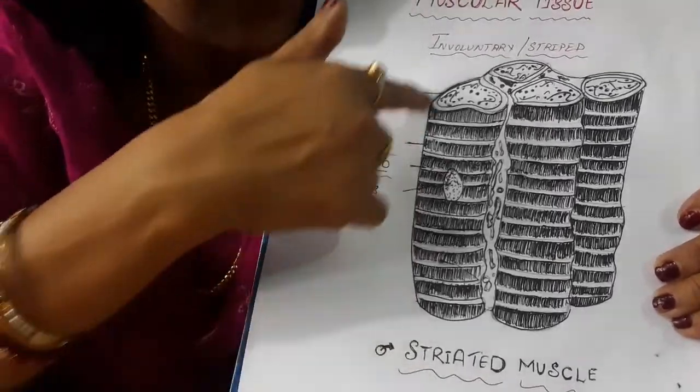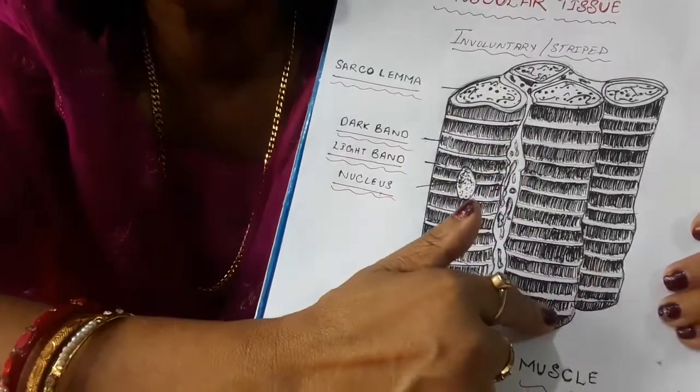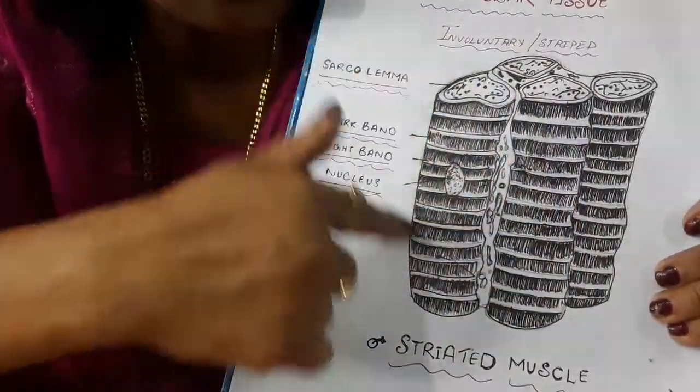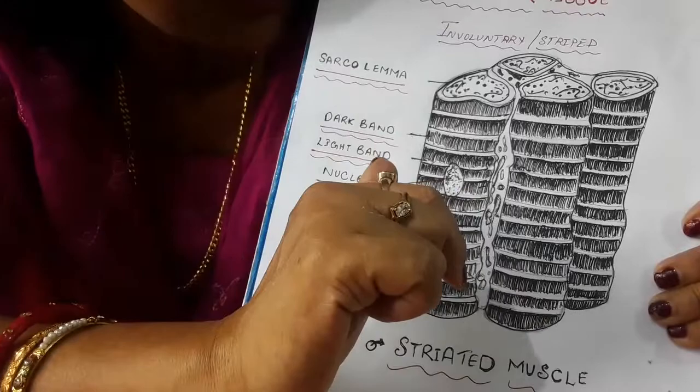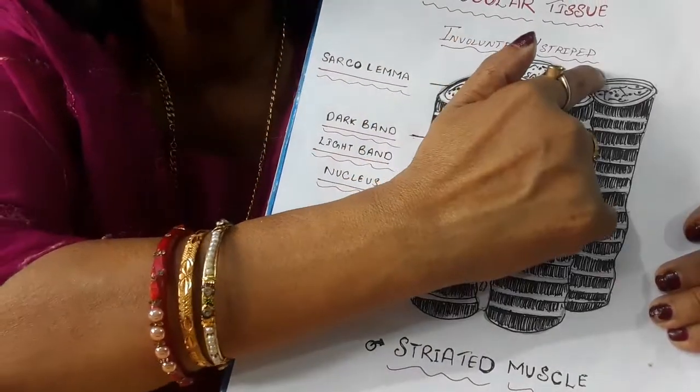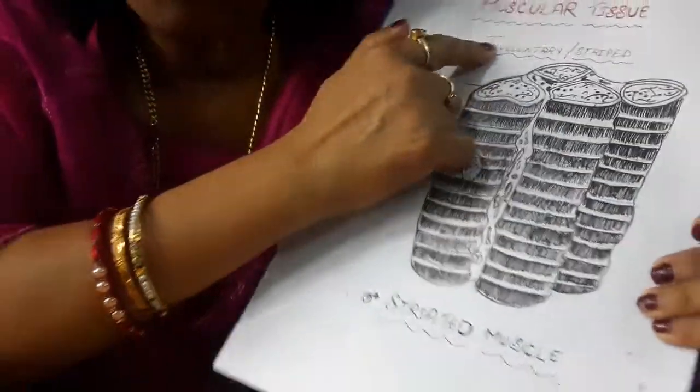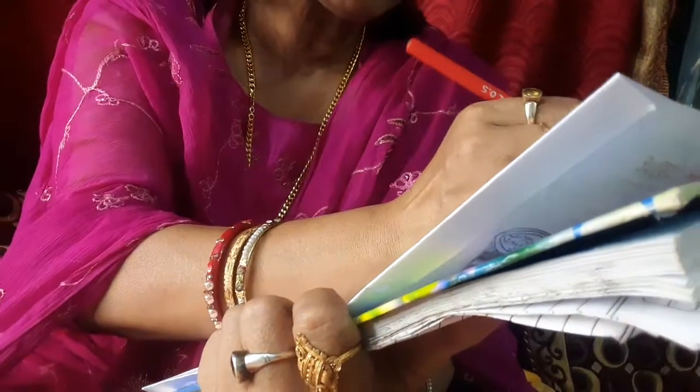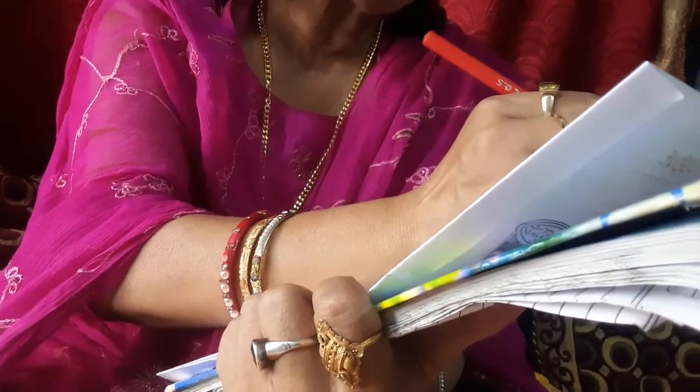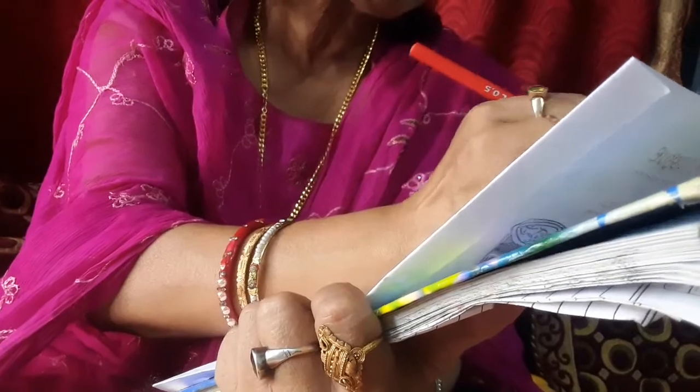Today we shall discuss only the striated muscles. As you can see in the diagram, striated muscles are also called stripe muscles or voluntary muscles. Not involuntary, it is voluntary muscles.